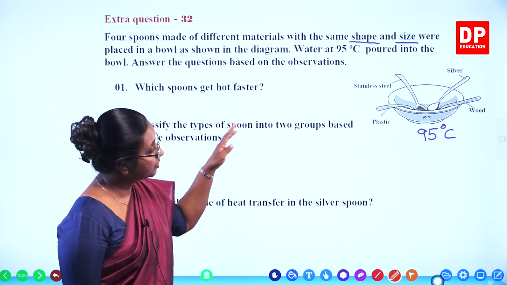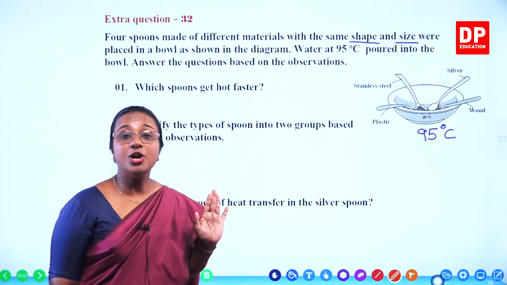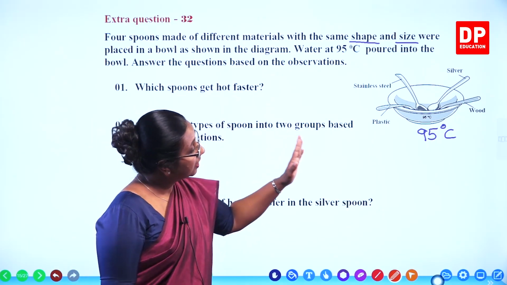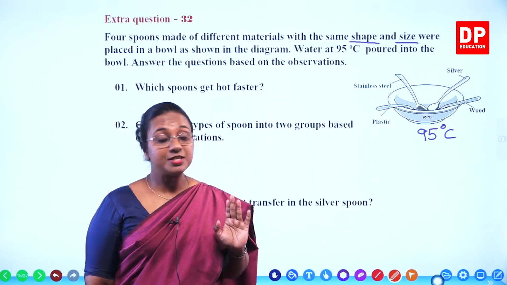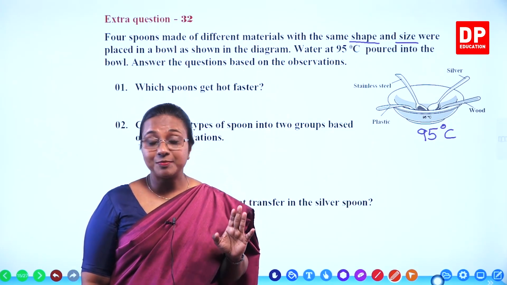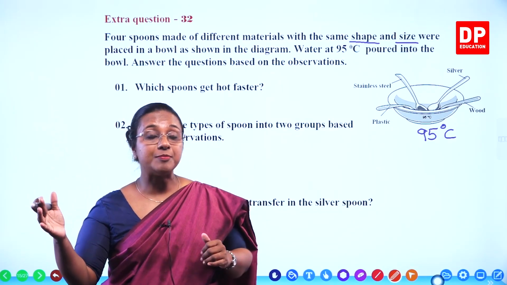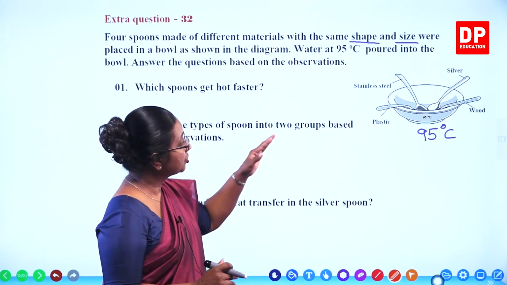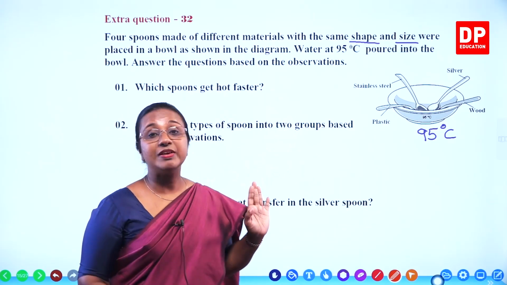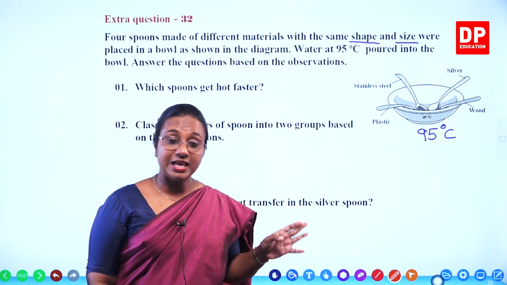So, the water was poured into the bowl, that is at 95 degrees Celsius. Then you all know what will happen. The water is at high temperature, whereas the spoons will be at room temperature. So, there is a temperature difference. Then what happens? Heat transfers from high temperature to low temperature. So, from water, the spoons will have to absorb heat. But that will depend on their nature.